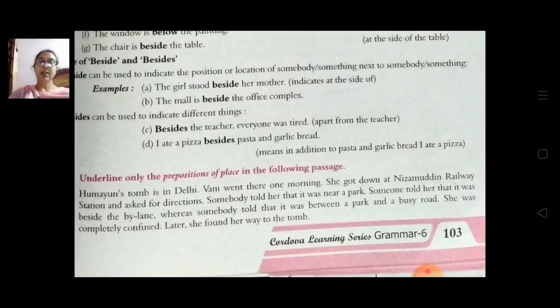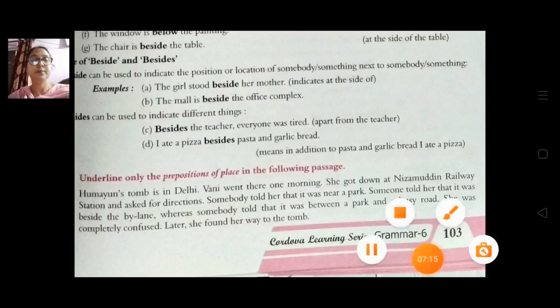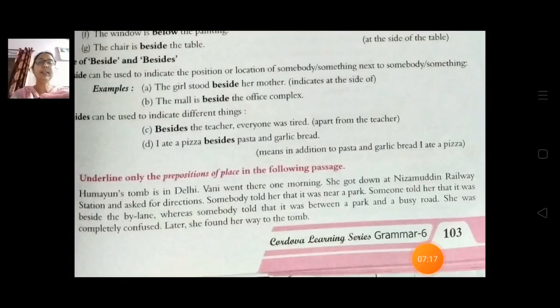This is exercise number C. In C number, underline only the prepositions of place in the following passage. We are going to underline the prepositions which are showing the place. So let's start.